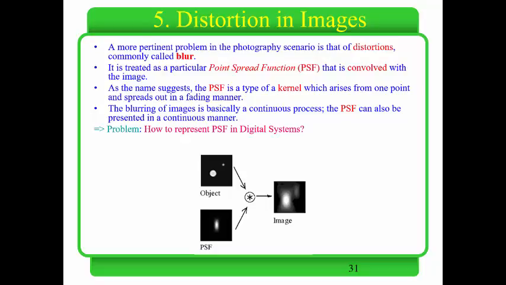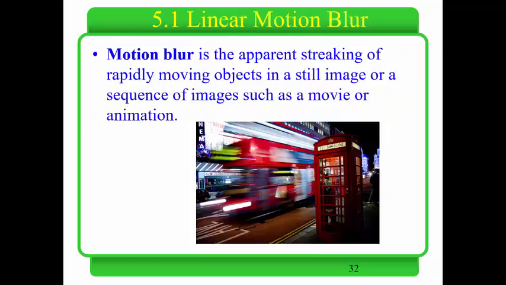So now let's look at the distortion. The main problem that we have here is blurring, and for this blurring we have different types. We have something which is called linear motion blur. For example, I am holding the camera in a good way and I want to capture this scene.